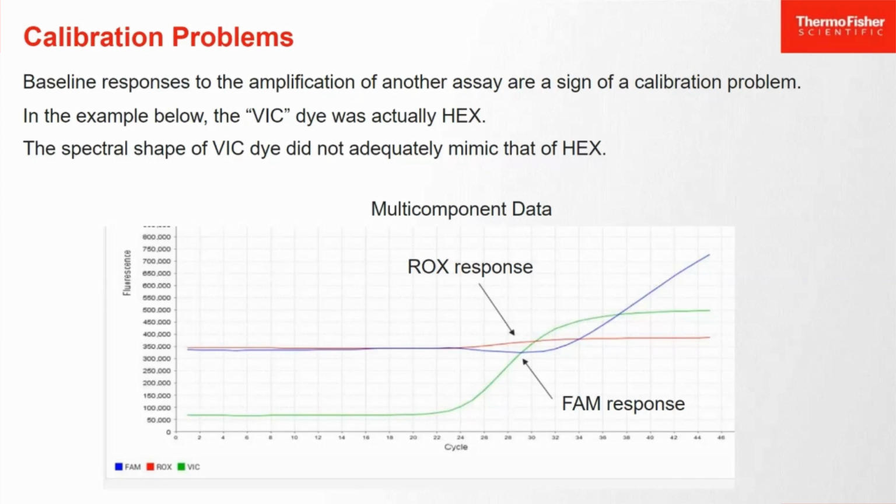If you can see, there's a little increase in ROX there, and there's a dip in the FAM baseline. Turns out that the reason for this calibration problem was that the supposed VIC dye was not actually VIC. It was a different dye called HEX. So this is telling us that the spectral shape of VIC is not an adequate mimic to that of HEX.